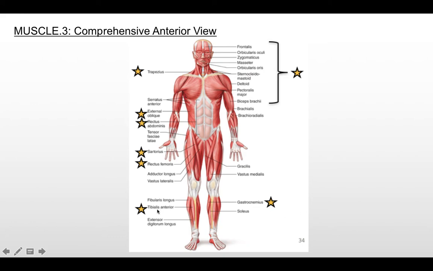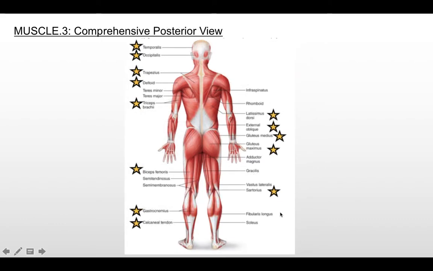On this slide, a couple new ones we haven't mentioned. Your shin muscle is your tibialis anterior, because it covers your tibia and it's on the front side. And then the bulk of your calf muscle is called your gastrocnemius. On the back side, we see that temporalis again, the occipitalis, the big kite-like trapezius, your shoulder deltoids.